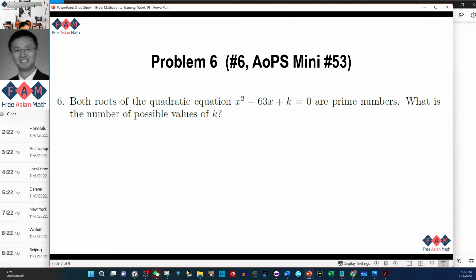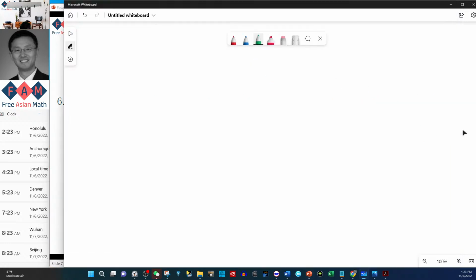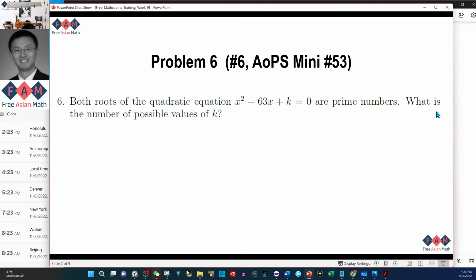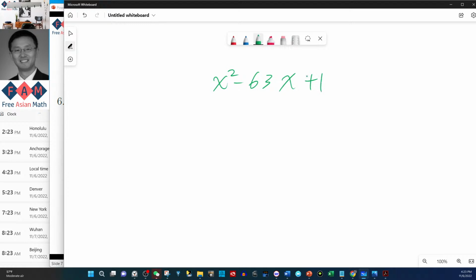At this point, this may appear an extremely hard problem if you don't know the trick. Indeed, if I do not know the trick, this will be a horrible problem. I have no idea, because I have to get the general formula. So x squared minus 63x plus k equals 0.